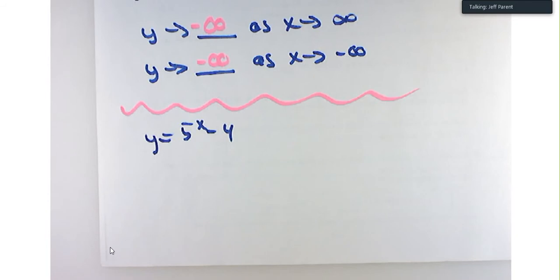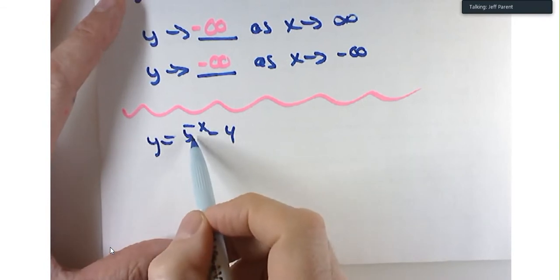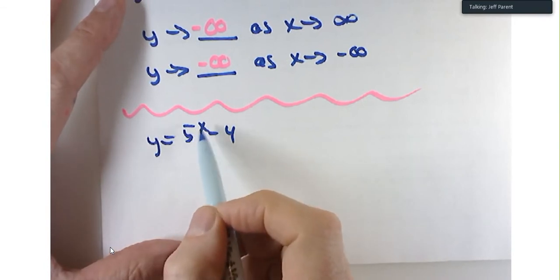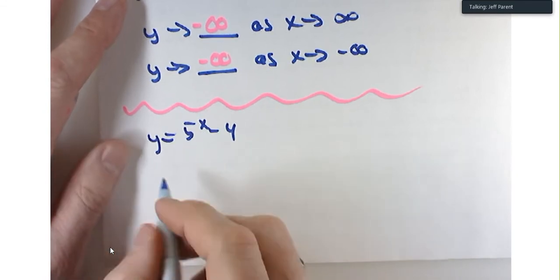Is it a polynomial? Is it a logarithmic? Is it an exponential? Is it a rational function? Which of those types of functions is it? Well, in case you've kind of forgotten, when you have a variable that's part of the exponent, that's an exponential function. So that's the answer to the first part.